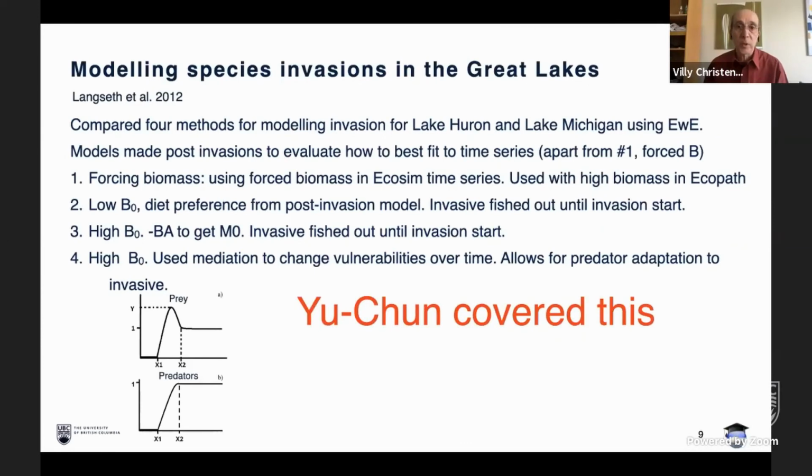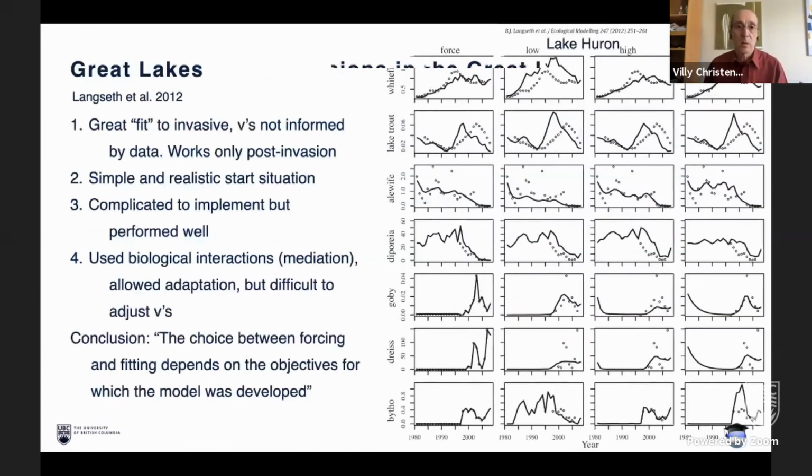Yu-Chun has talked about the Great Lakes, so I will not get into that here and now. Mentioning only, as a conclusion from this early study by Brian Langsett, something that Yu-Chun also talked about: the choice between forcing and fitting depends on the objectives for which the model was developed.